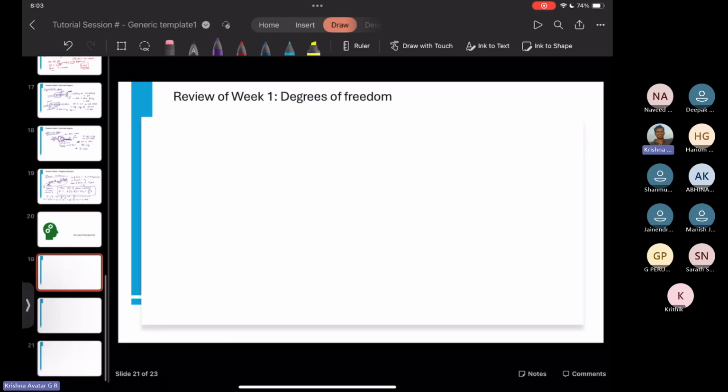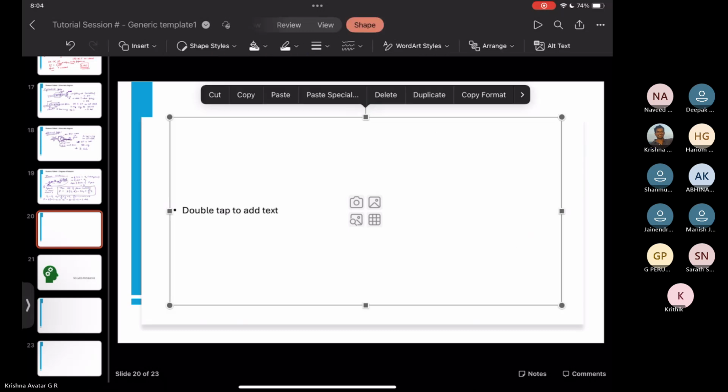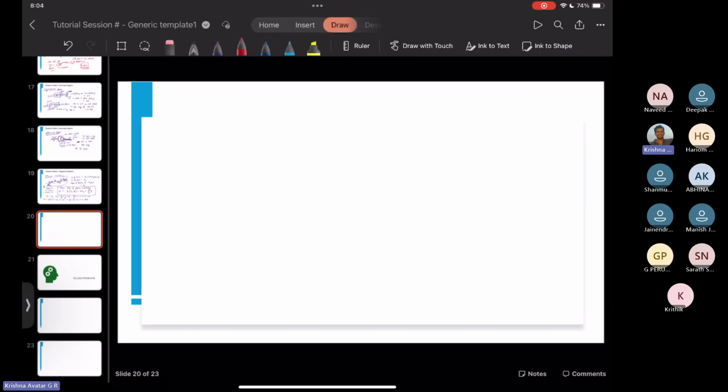Right. So that was for this, and now for degrees of freedom for spatial mechanisms. In that case, the number of links is L, the number of joints is Nj, and the degrees of freedom of the ith joint is Fi.